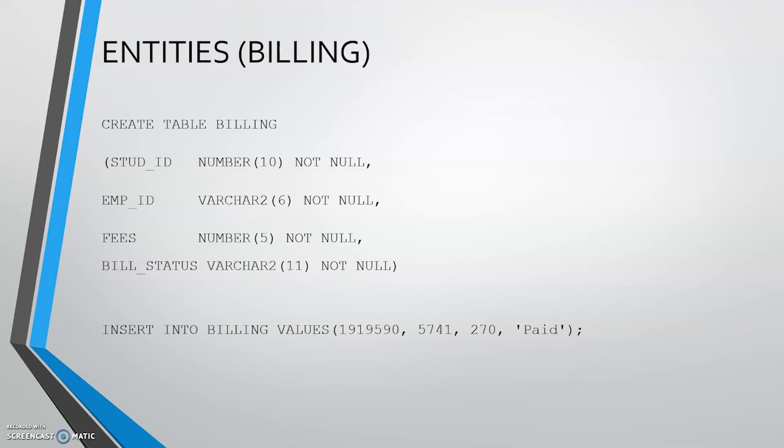For the billing entity, we have student ID, employee ID, fees, and bill status. Fees is the amount they need to pay, which is RM270, and bill status shows whether they have paid their bill or not, which is paid or unpaid.